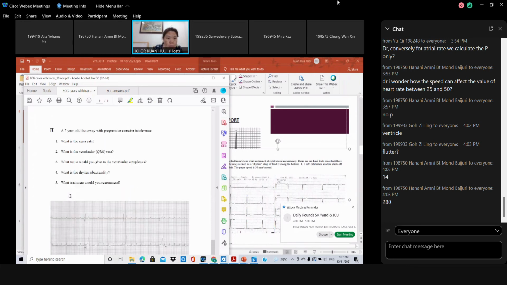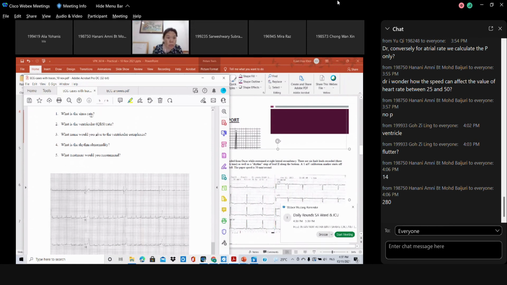So let's say this dog is a 7-year-old hunter, which has exercise intolerance. So what is the sinus rate? Group 12? Sinus rate?